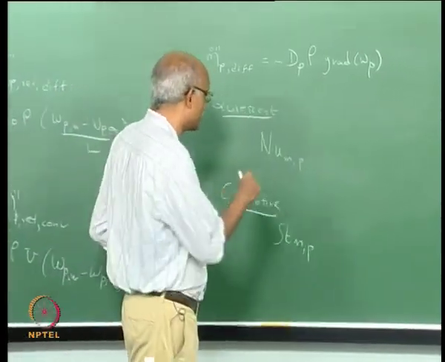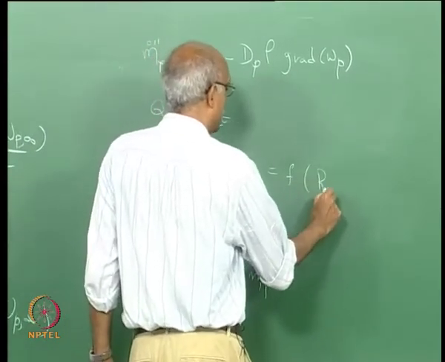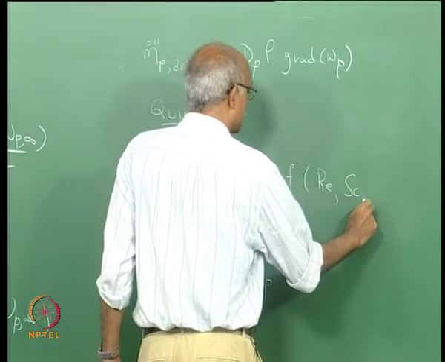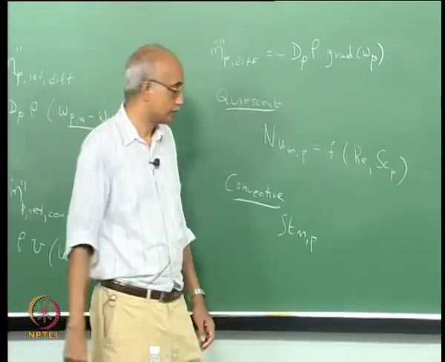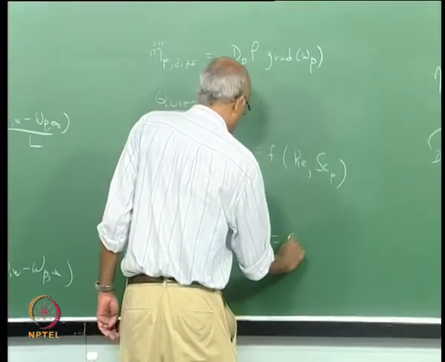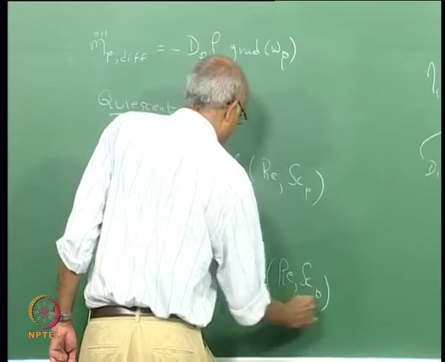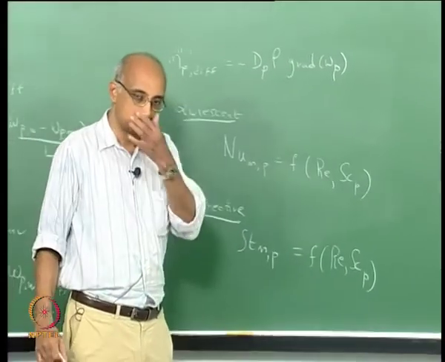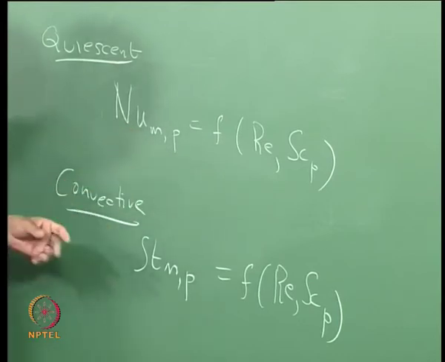It turns out that the Nusselt number is a function of primarily the Reynolds number and the Schmidt number of the particle. The Stanton number is also a function of the same two parameters, because the relative dependence is going to be very different in the two cases.